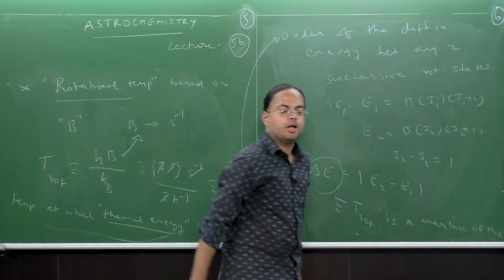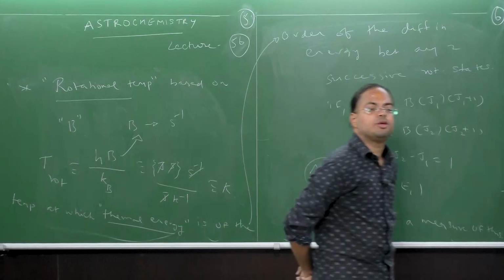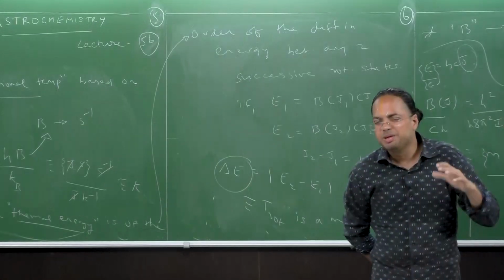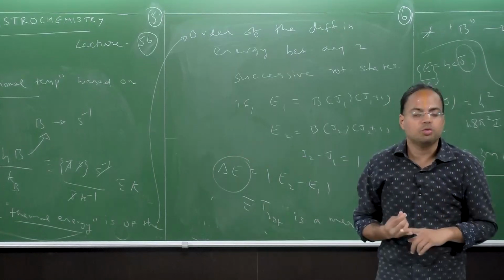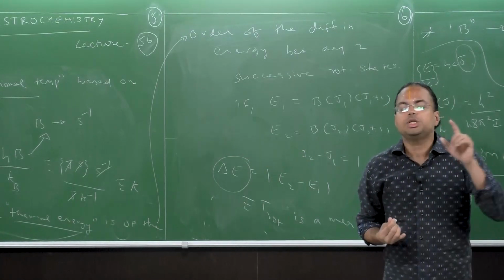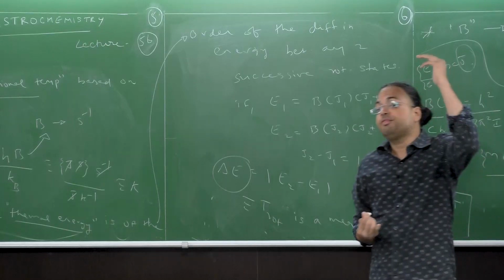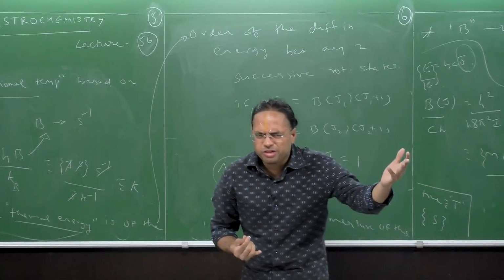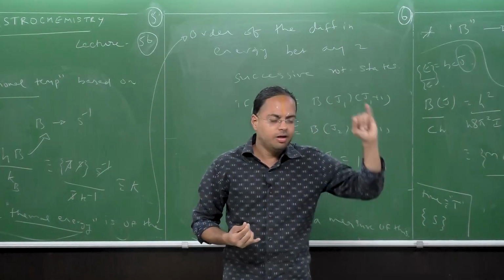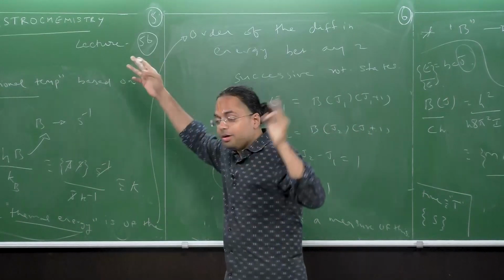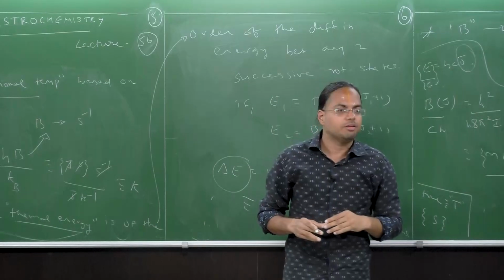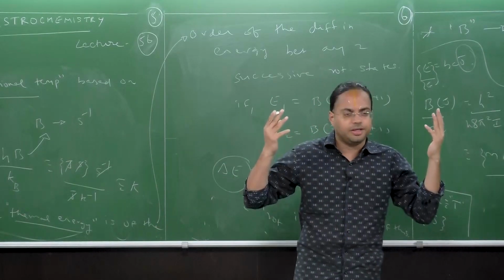All right. Now, have we seen this concept of rotational temperature somewhere in this course? I briefly alluded to the phrase rotational temperature, although did not give you many more details, when I was talking to you about the very first detection of molecules. What are the first few molecules to be detected in space? CH, CN, and CH plus. I mean, probably in lectures somewhere in the mid-20s, I believe, or maybe early 30s.